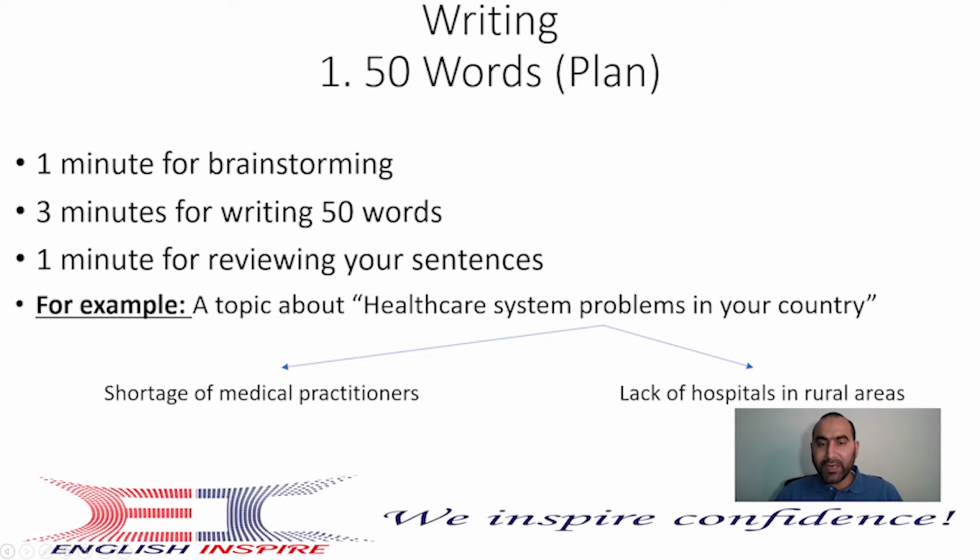So during the 1 minute, you should at least elicit 1 or 2 points to write about. For example, here I elicited 2 points to talk about this topic. The first one is about the shortage of medical practitioners. The second one is about the lack of hospitals in rural areas. So this is the brainstorming process.